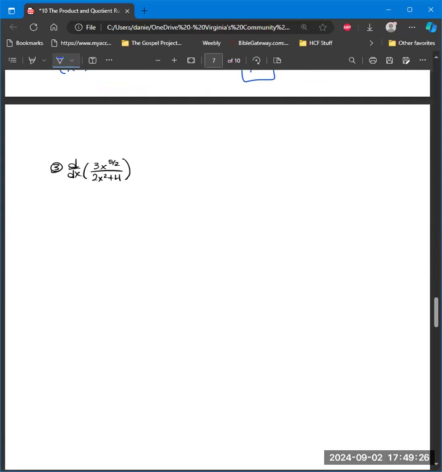Now let's go ahead. In this case, I definitely want to use the quotient rule, where U is equal to 3x to the 5 halves, V is equal to 2x squared plus 4, U prime is going to be equal to 15 halves x to the, subtract 2 halves from 5 halves, and I get 3 halves.